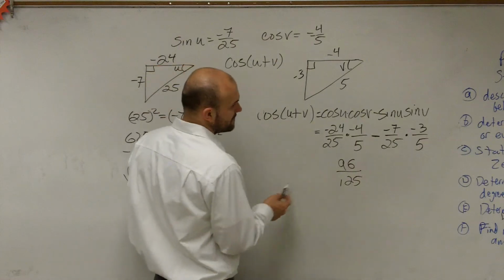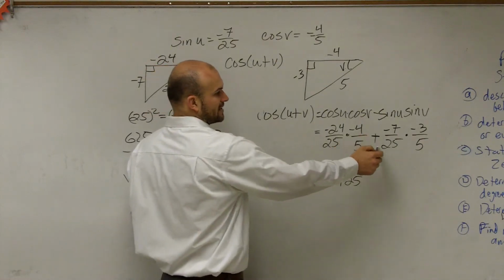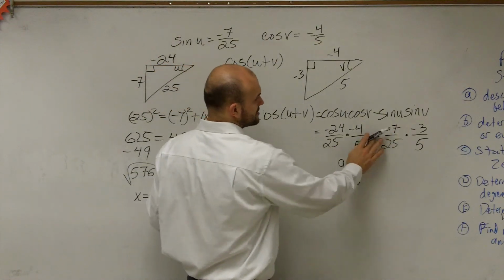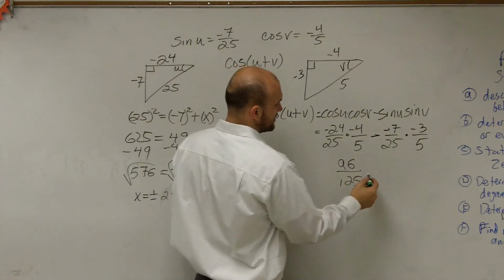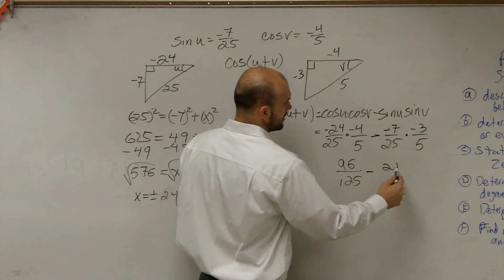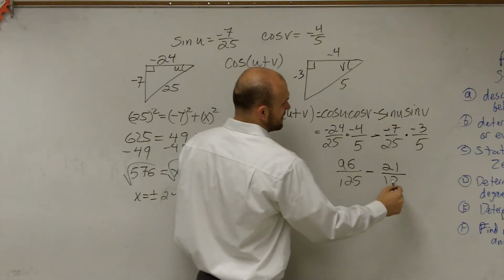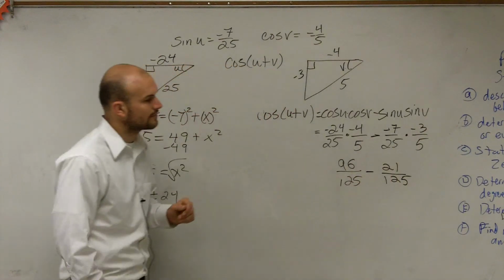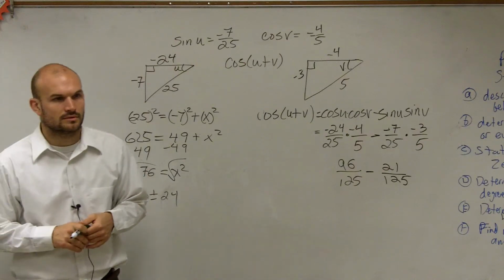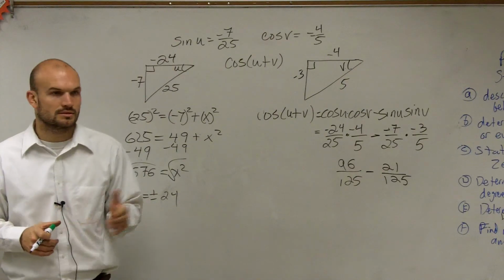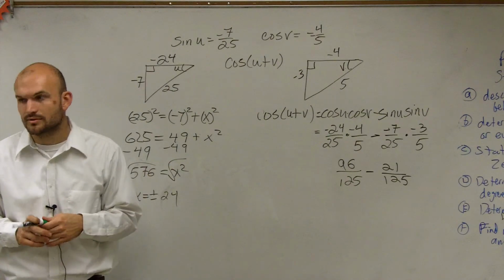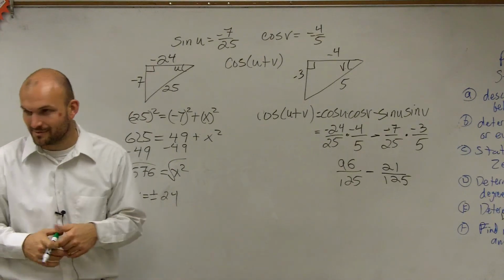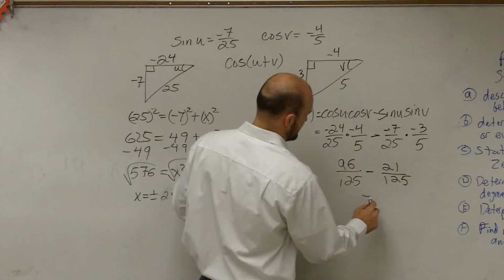This is a double negative, so actually, let's just go through it. Minus, so negative 7 times negative 3 is a positive 21 over 125. So then we just do 96 minus 21, which is going to be 75.